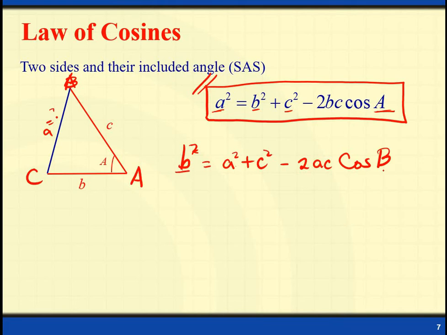If that is B, then that would be angle B. Therefore, if that is C squared, this is cosine C immediately. And the other remaining sides of the triangle are A squared plus B squared, minus 2AB cosine C.